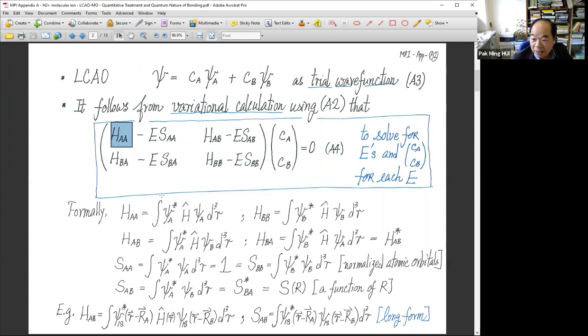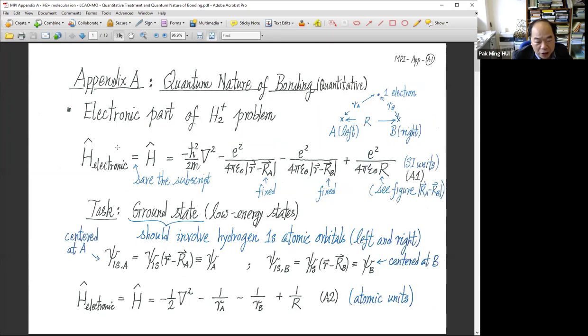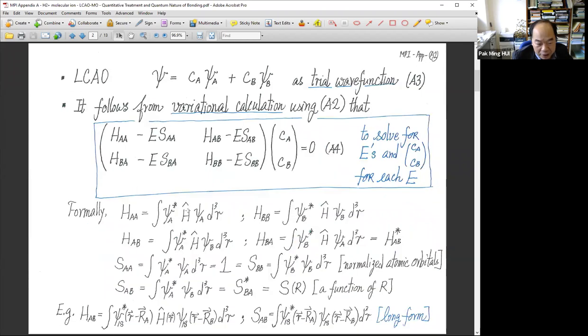It is 1s left, 1s left, and then the full H in between. So this is the whole thing inserted in the middle. So this is HAB. Similarly, HBA, you will have 1s on the right, the full H, 1s on the left. So this is what it means.